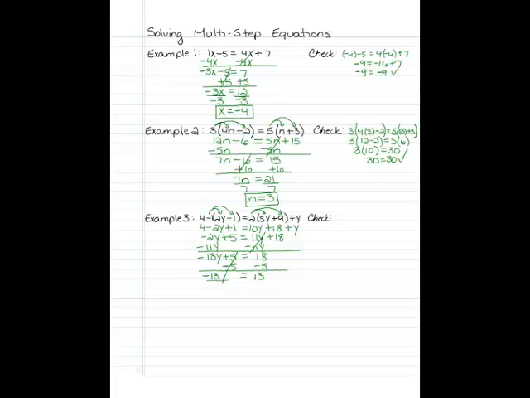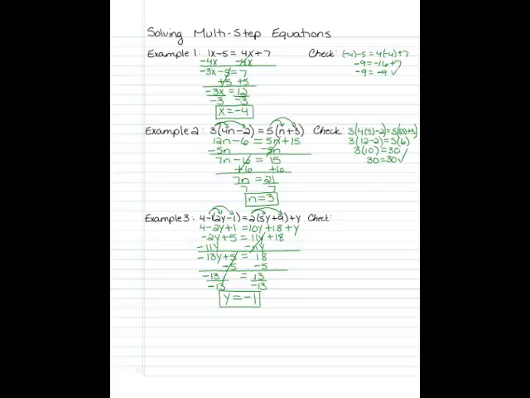So -13y equals 13, divide both sides by -13. The -13's cancel and leave you with 1y, or just y, equals 13 divided by -13 is -1. And that is our answer.